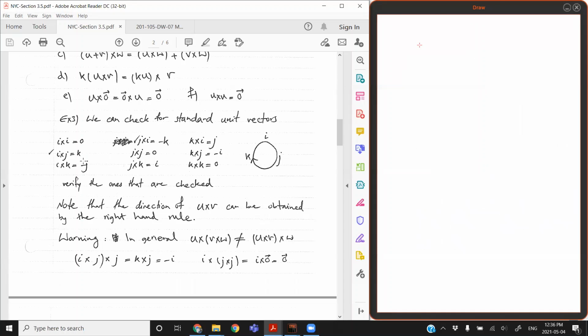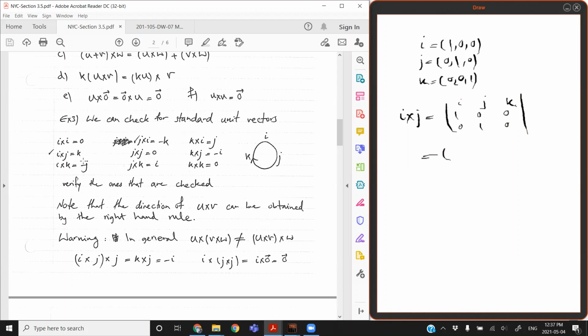So for example, i is (1, 0, 0), j is (0, 1, 0), and k is (0, 0, 1). Let's say we multiply i and j. It's going to be i, j, k, 1, 0, 0, and then 0, 1, 0.